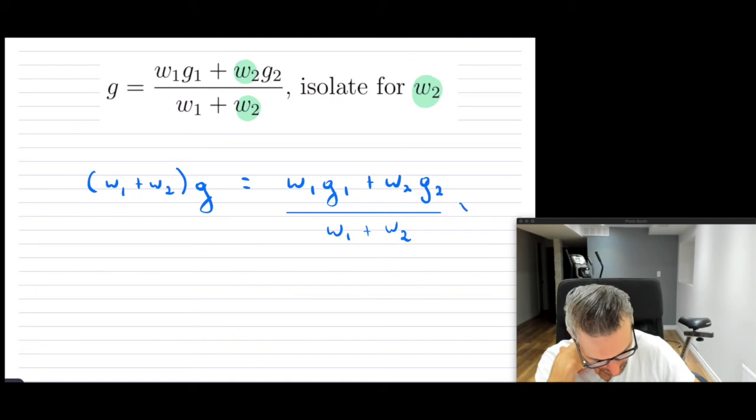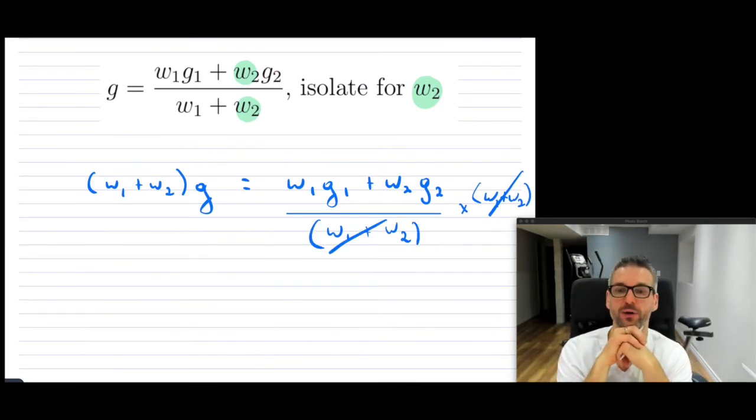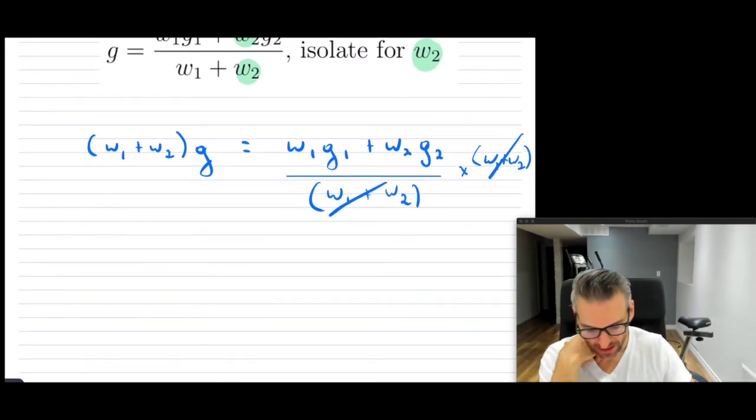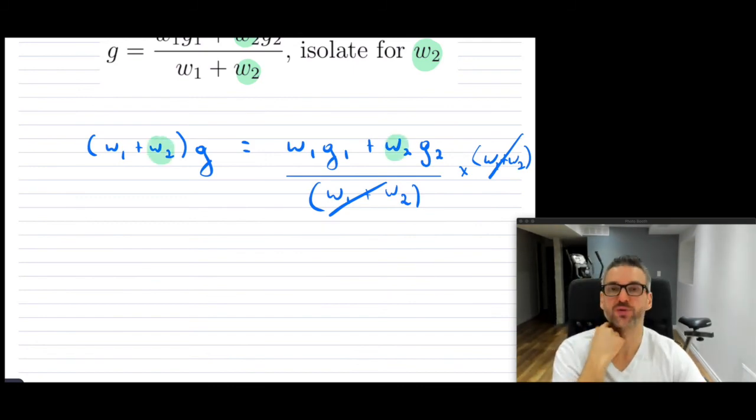If I multiply that by W1, W2, that will cancel it, so it will cancel that denominator right out. So this is what I have. Now, because I am after W2, and it's in two spots, I want to get those things on one side together.